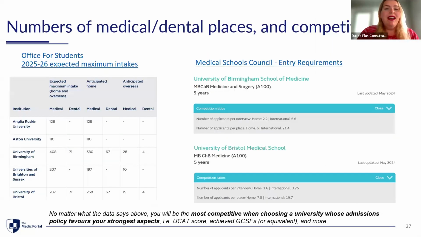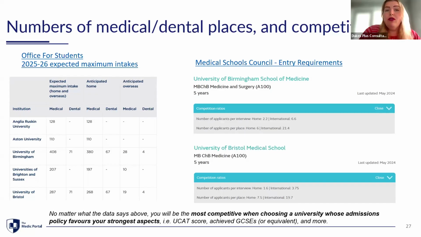Going for a bit of a deeper dive into strategy and data-derived decision making, I wanted to introduce you to two key sets of data that's available from bodies here in the United Kingdom. One called the Office for Students, which is part of the UK government. Every year they release expected maximum intakes of students, aka how many students they can have in any year group, and they cannot exceed these numbers.